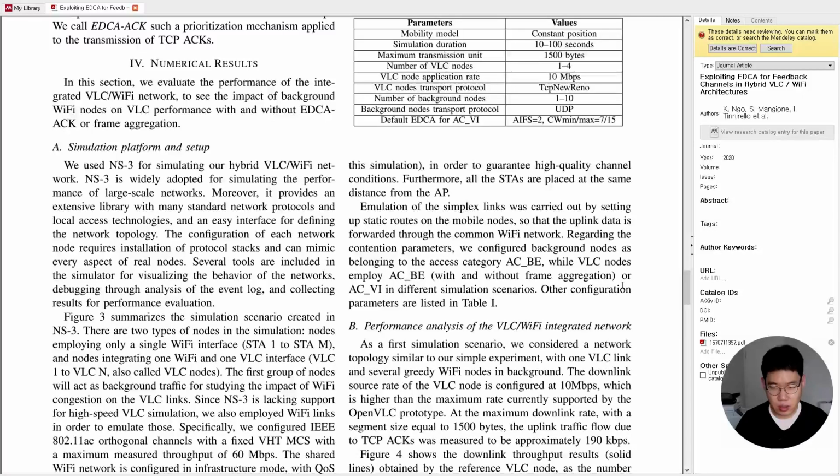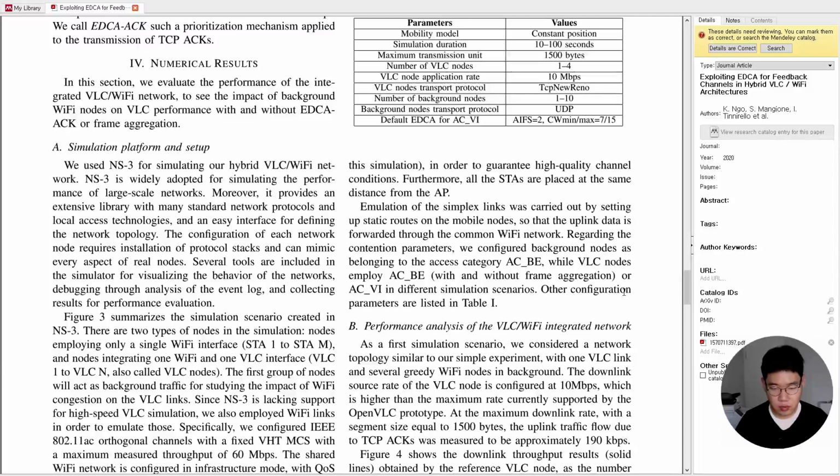The downlink source rate of the VLC node is configured at 10 Mbps, which is higher than the maximum rate currently supported by the OpenVLC prototype, and the maximum downlink rate with a segment size equal to 1,500 bytes. The uplink traffic flow of TCP ACKs was measured to be approximately 190 kbps.